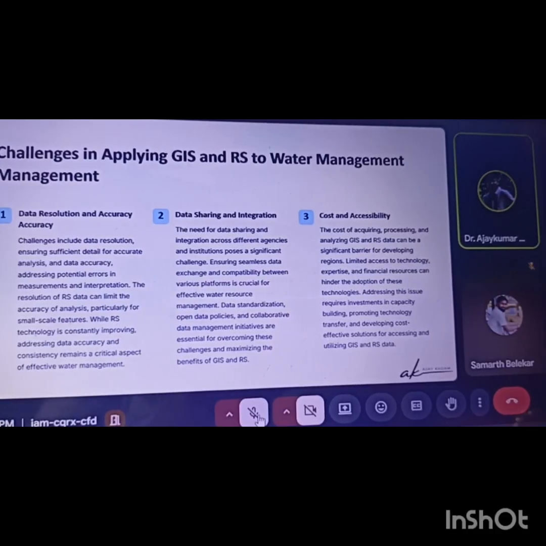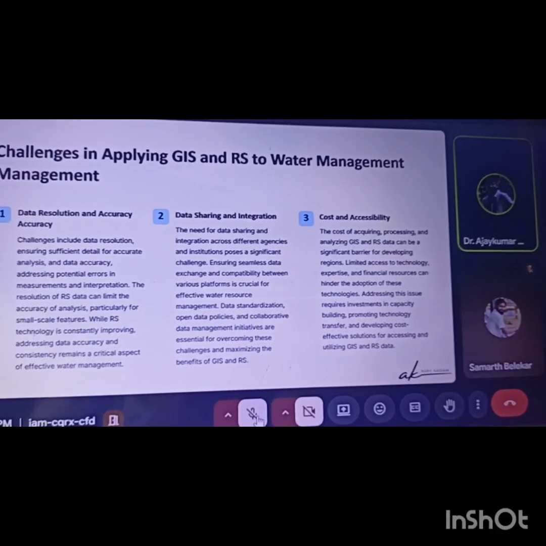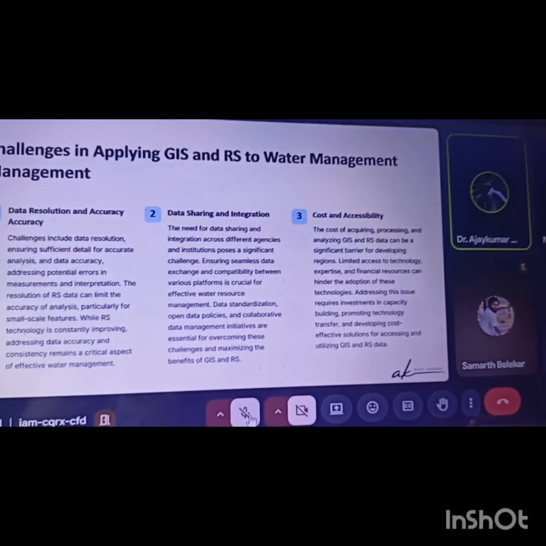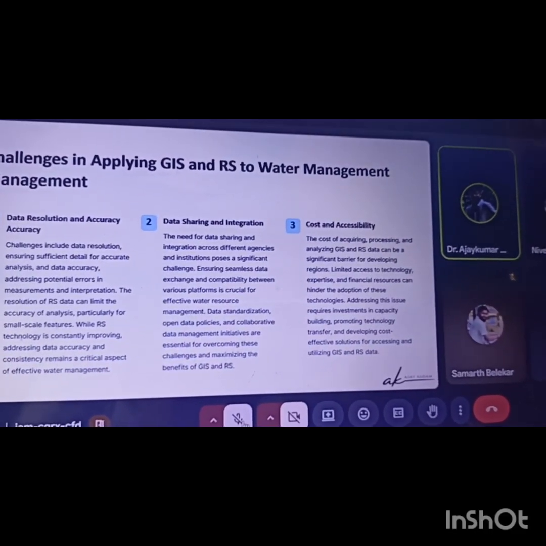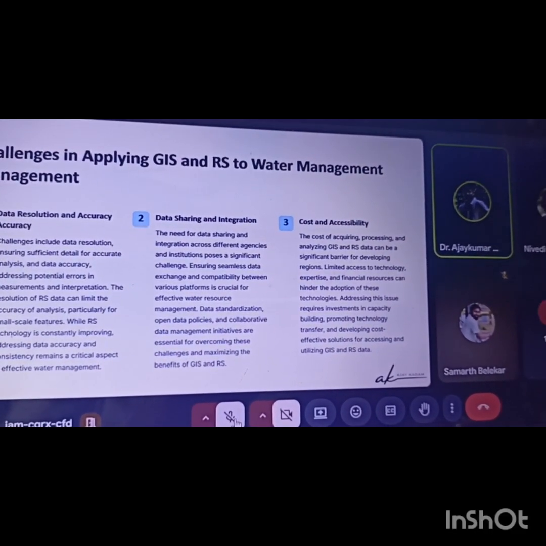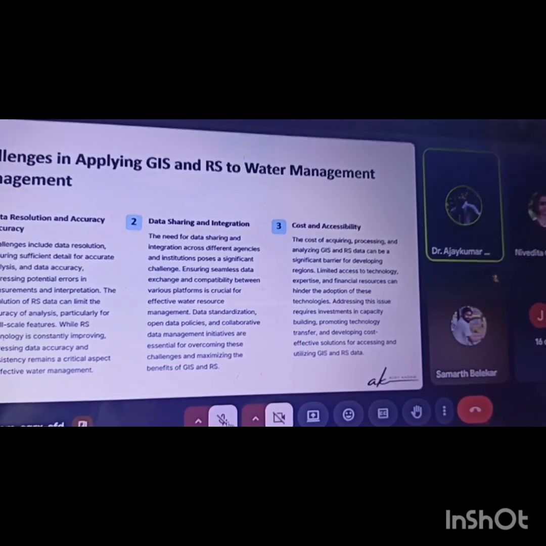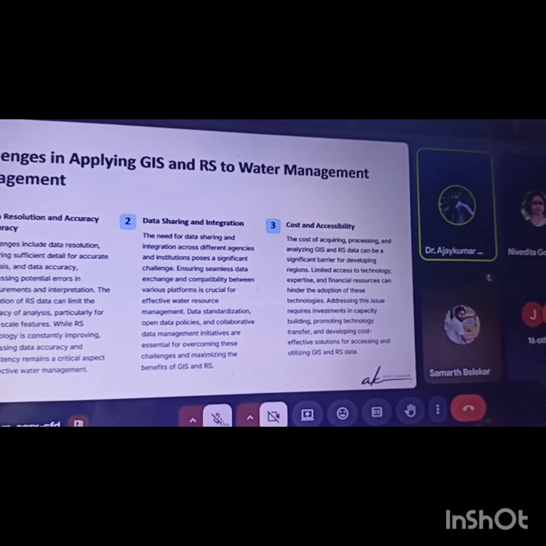How can you correlate the results of both the data? Because for 110 kilometer you have one value, and for the other map with 5 kilometer by 5 kilometer, you have more than 50 values. So the resolution will be different, and the final output will always be different.